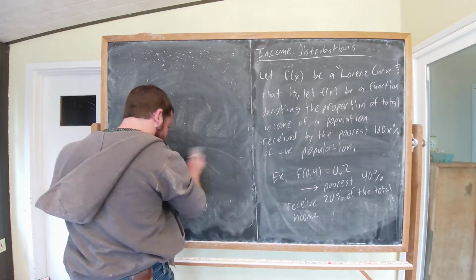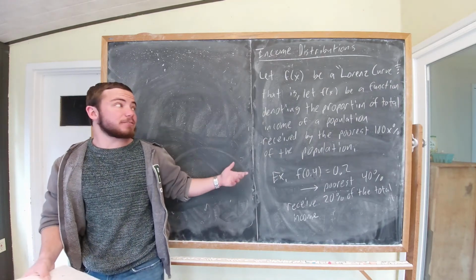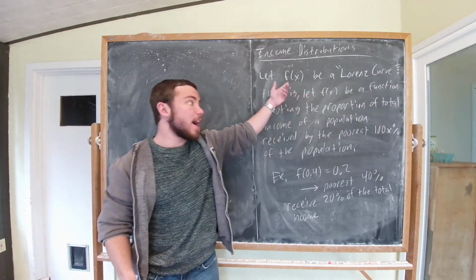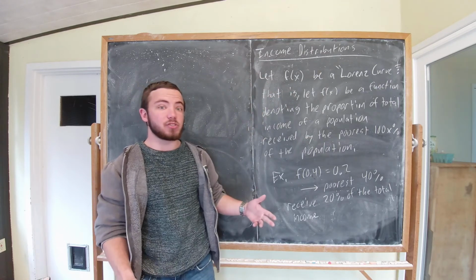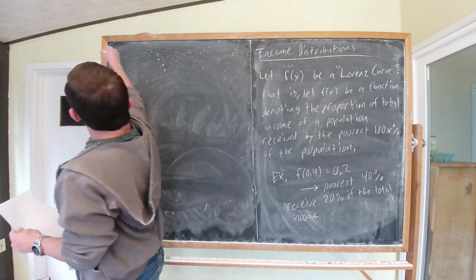All right, so I said that there's a bunch of different Lorenz curves. In fact, there's infinitely many different Lorenz curves because it all depends on how your society's income distribution is set up. What are some properties that all of them are going to share?